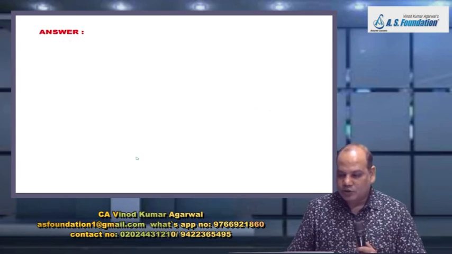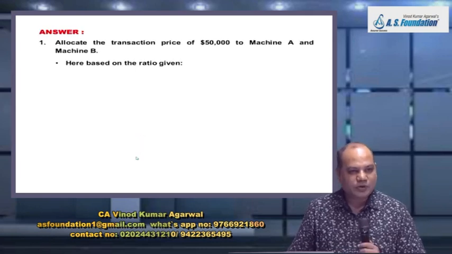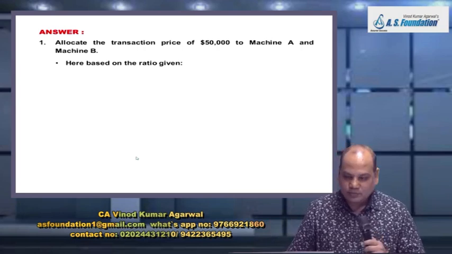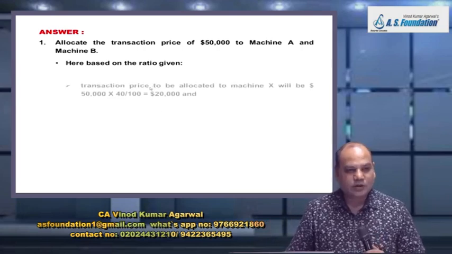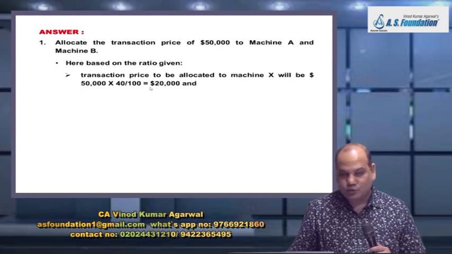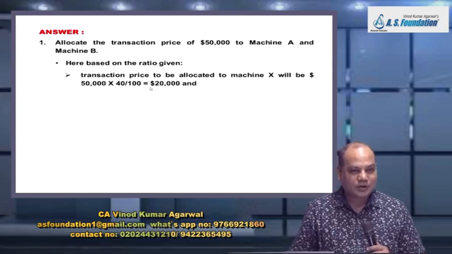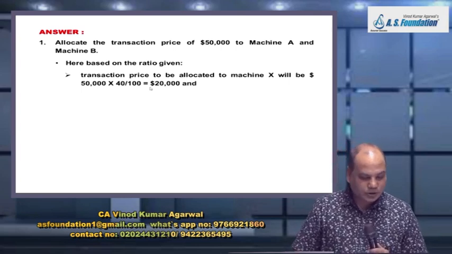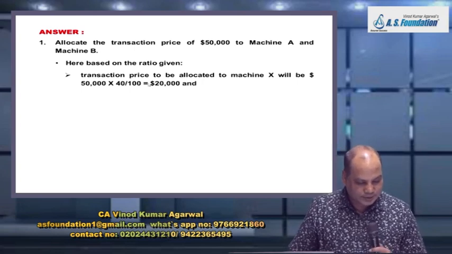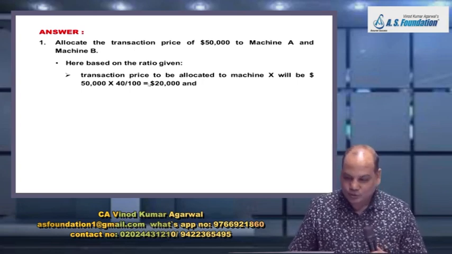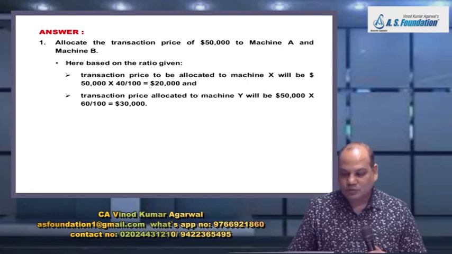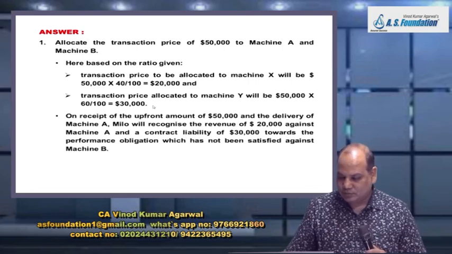So they may ask you a simple question like this or like the previous one where you may have to do more accounting. So first, what is my task? If I have to deliver 2 machines, I have 2 performance obligations. Apportion the transaction price in the ratio of 40:60: 20,000, 30,000.